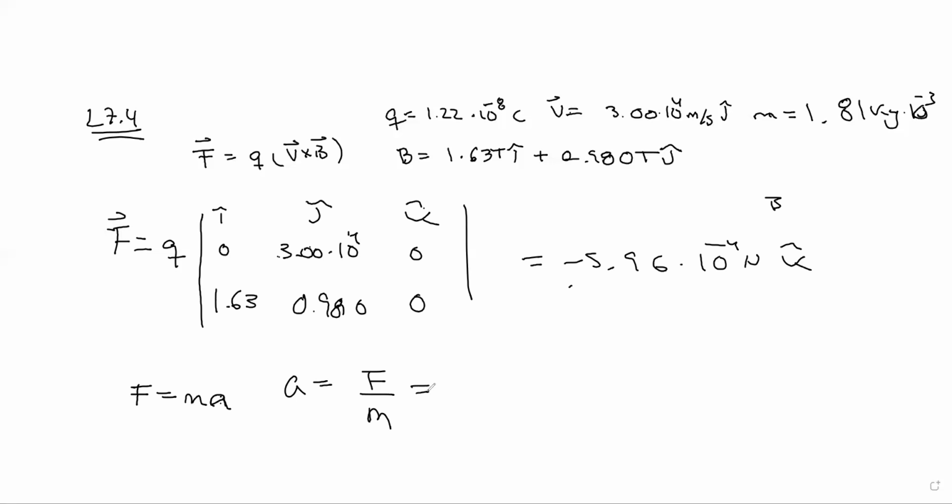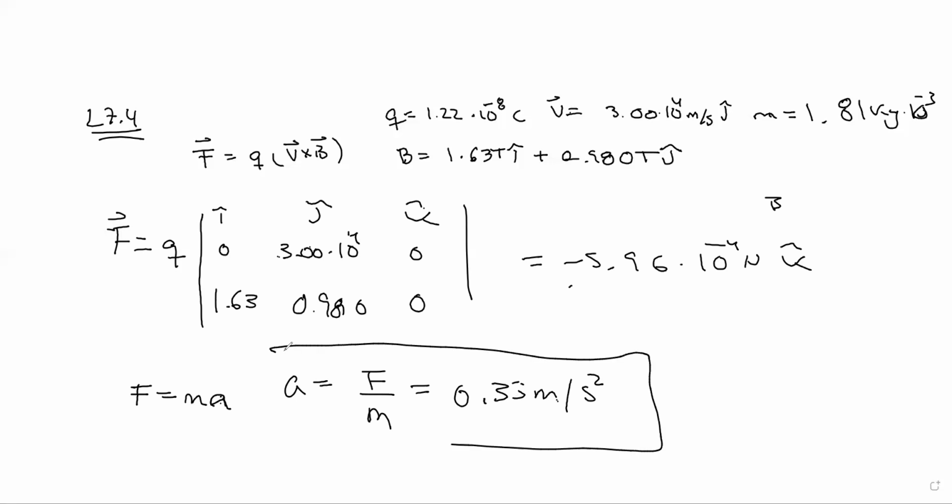And when I did this math, it gave me 0.33 meters per second squared. So this is my answer to my numbers. I don't know if we all have the same numbers, but this is basically the entirety of the problem. This is 27.4.